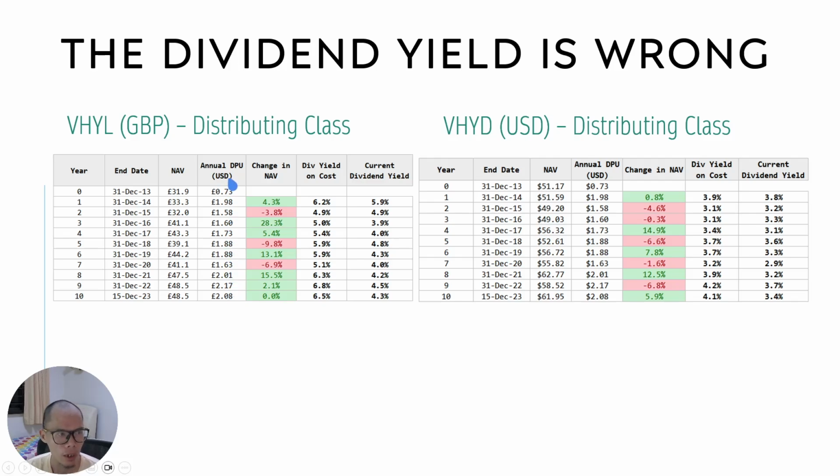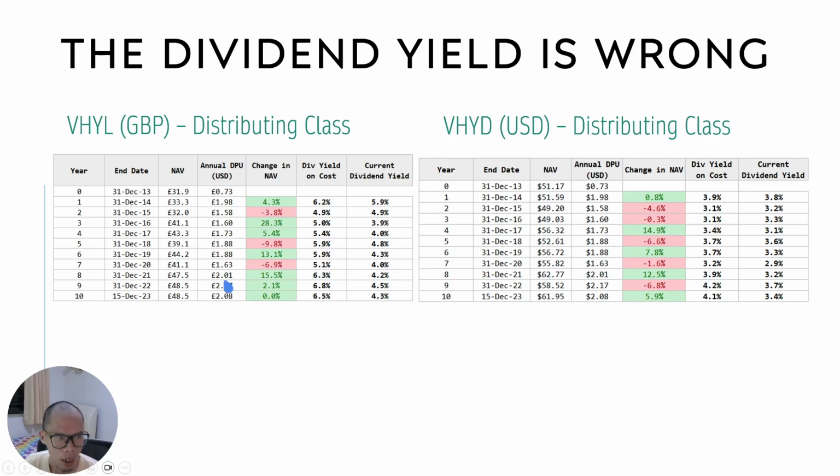I didn't realize that I had actually labeled the header as USD. Now that I've seen this VHYD and it's listing the dividends, you can see the dividends are almost the same.